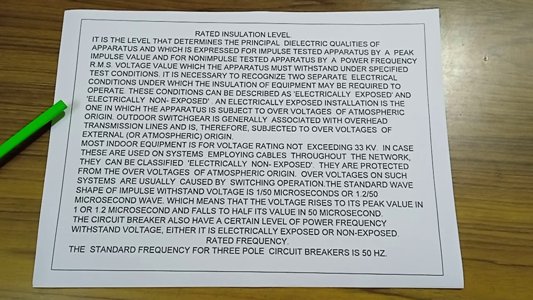An electrically exposed installation is one in which the apparatus is subject to overvoltage of atmospheric origin. Outdoor switchgear is generally associated with overhead transmission lines and is therefore subjected to overvoltage of external or atmospheric origin.